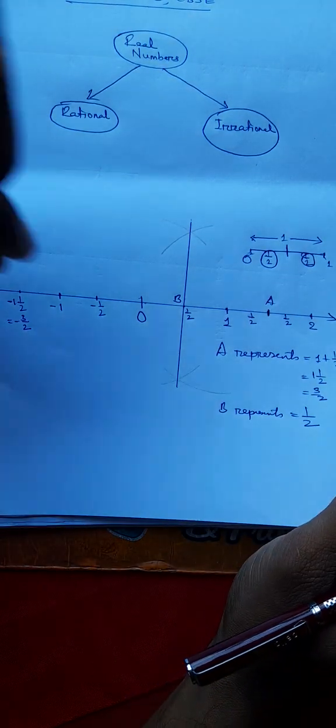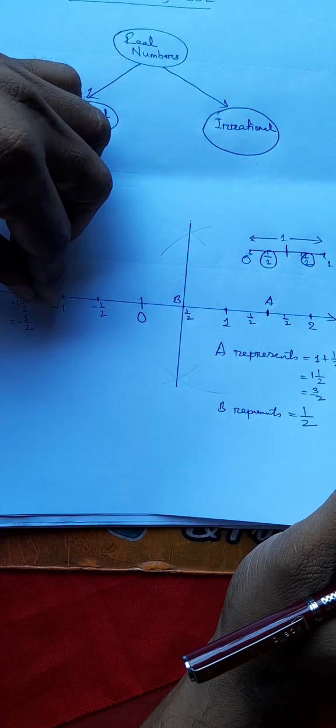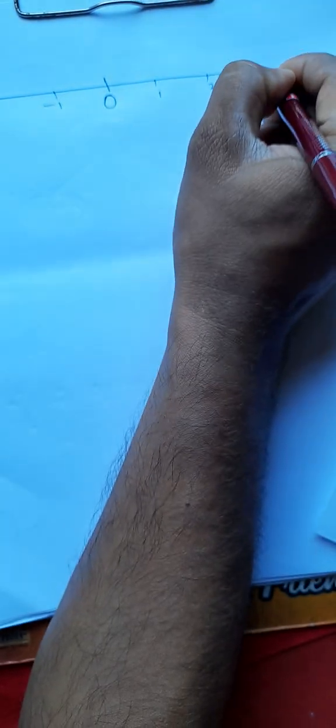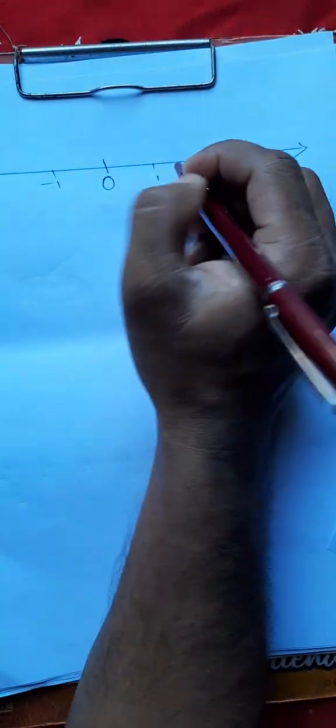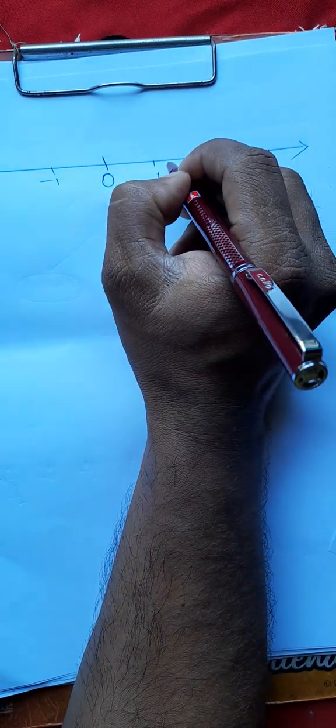Now you can keep doing this division in another way. Let's say one more example. Now let's say you divide the portion between 1 and 2 into 10 equal parts.